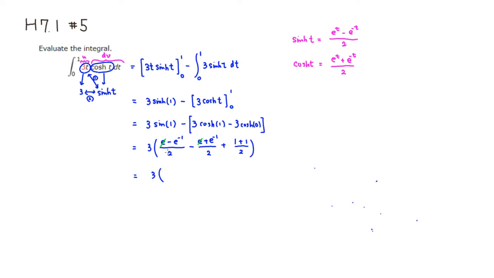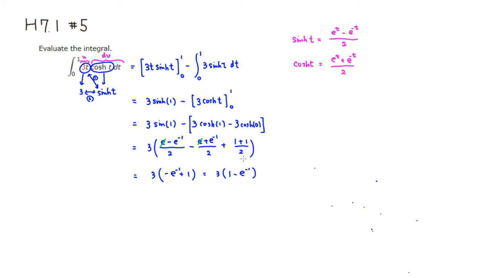Combining these two, you have a negative e to the negative 1 over 2 and a negative e to the negative 1 over 2, so it's negative e to the negative 1, and plus 1 plus 1 is 2 over 2, which is 1. I guess it looks a little better if I write it as 3 times 1 minus e to the negative 1, or 1 over e, either way.